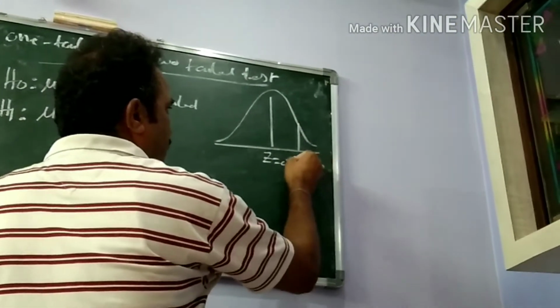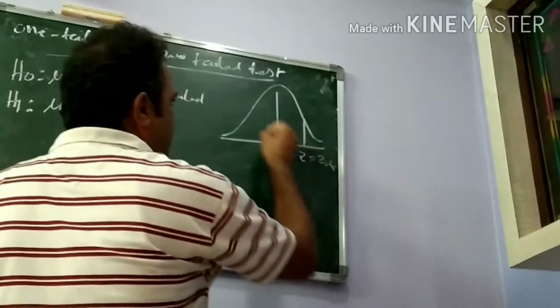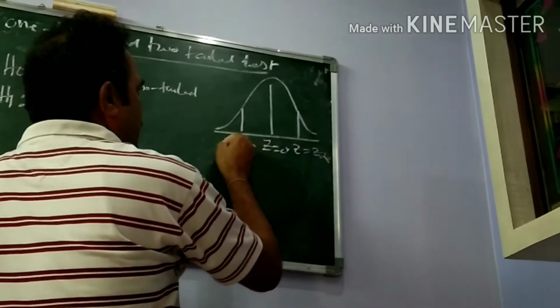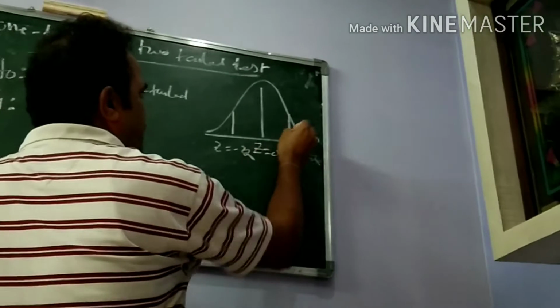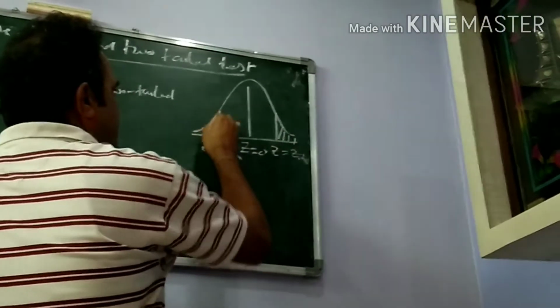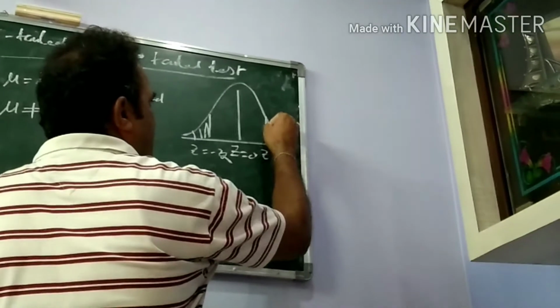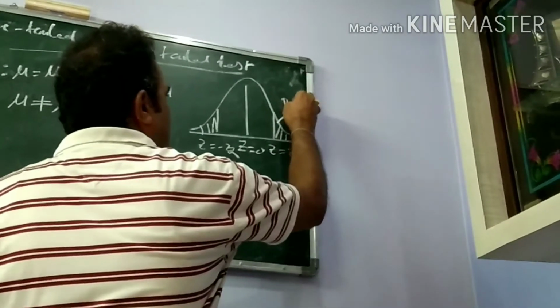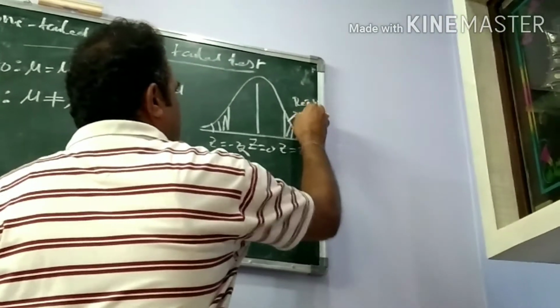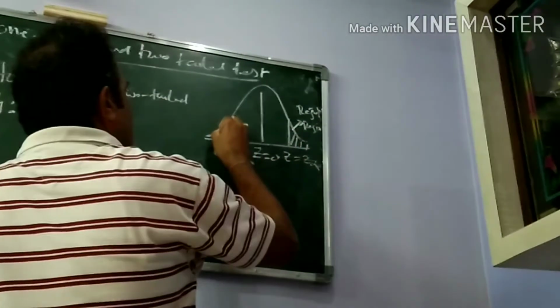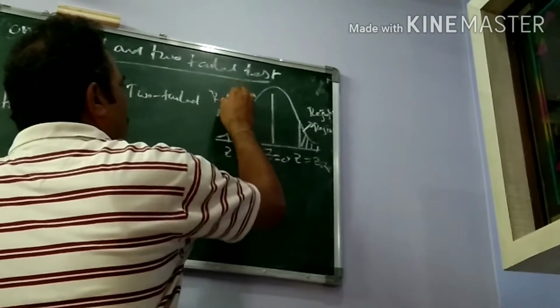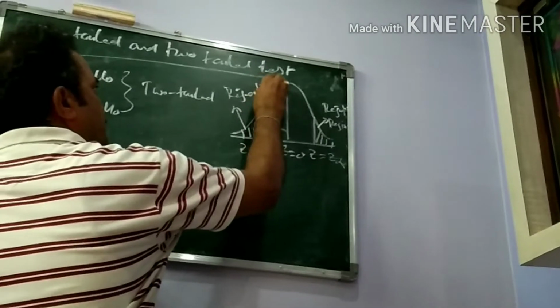Here z equal to z alpha on the right side, and z equal to minus z alpha on the left side. So the critical region is on both the right side and left side. These are the rejection regions.